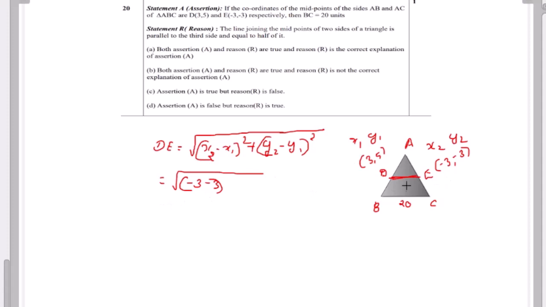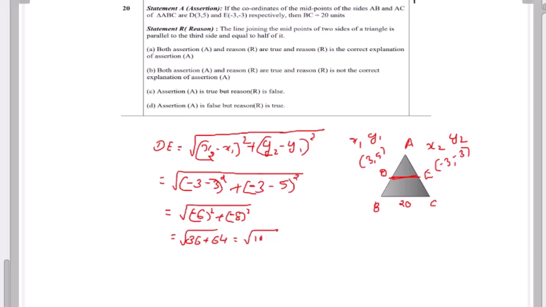So x2 minus x1, that is minus 3 minus 3 whole square, plus y2 minus y1, that is minus 3 minus 5 whole square, is equal to the square root of minus 6 whole square plus minus 8 whole square, that is the square root of 36 plus 64, which is the square root of 100, equal to 10.